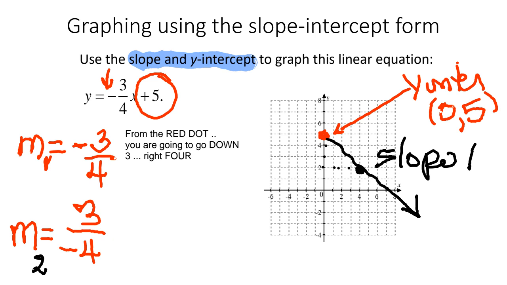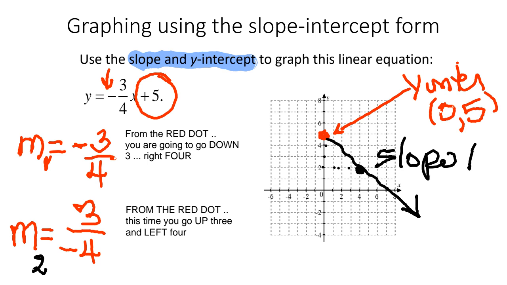Well, what about slope 2? Okay, you are still going back to the red dot. From the red dot, this time you go up 3 and left 4. Okay, because down and right, remember, it's rise over run. If it's negative, we are going down.